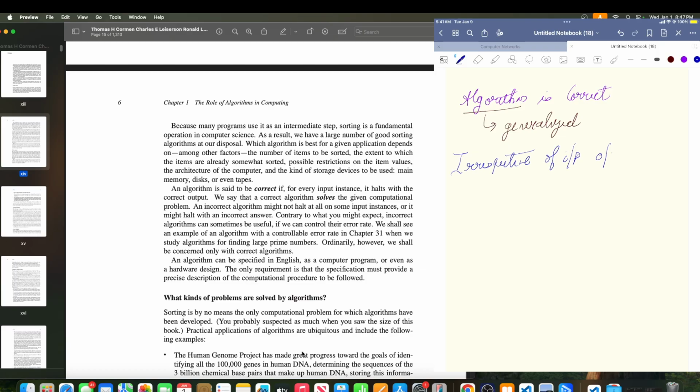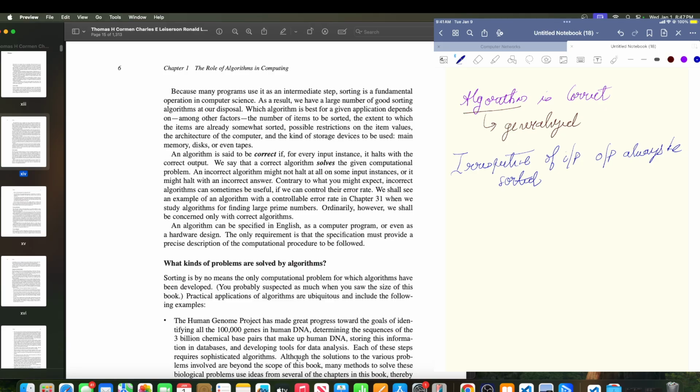My output should always be sorted. Now, an incorrect algorithm is one which might not hold on some input instances. Contrary to what you might expect, incorrect algorithms can sometimes be useful. Okay, we shall see an example of that.